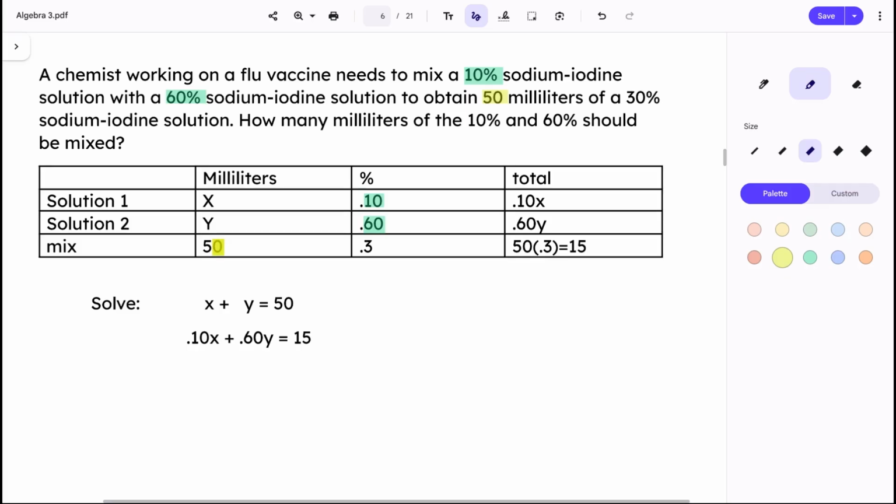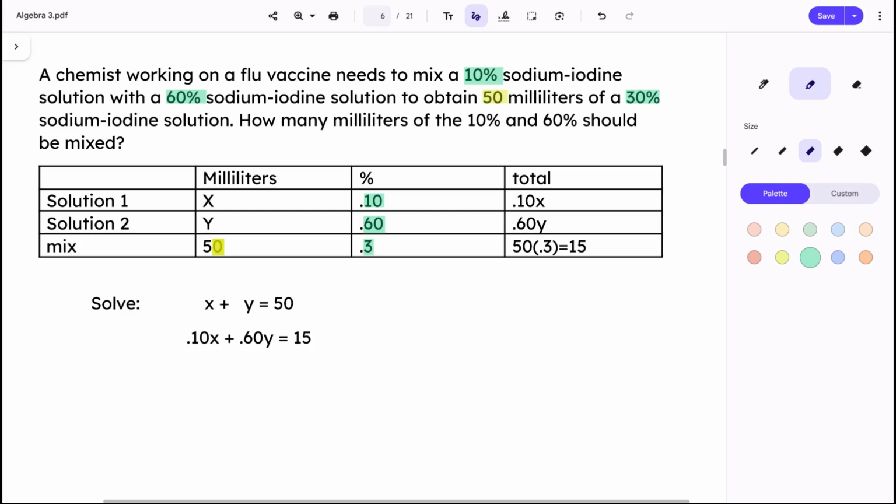And then we want to make a 30% sodium iodine solution, another percentage, again written as 0.3. So they want us to figure out how many milliliters of the 10% and the 60% solution we need in order to get this mixture just right.